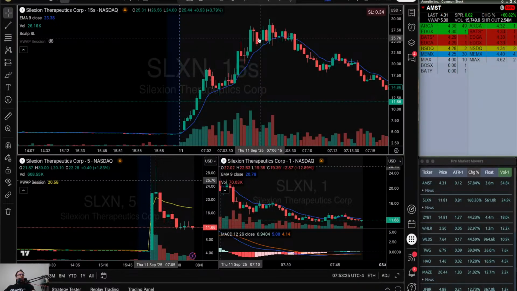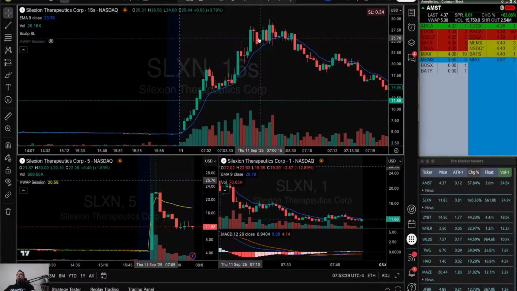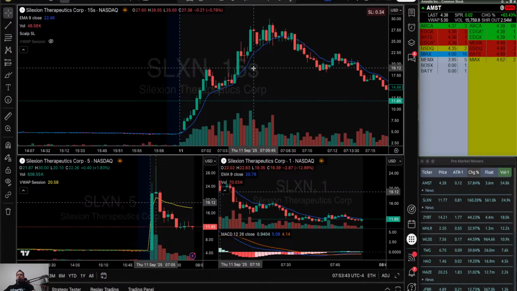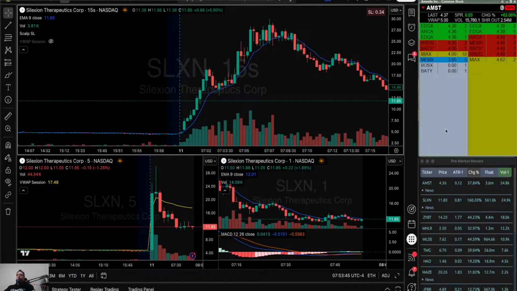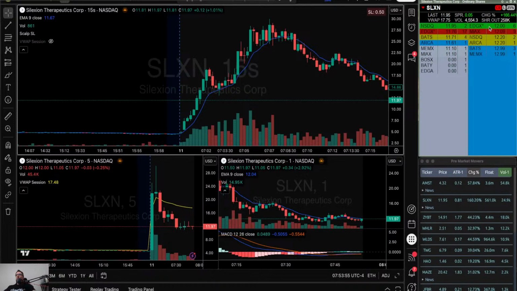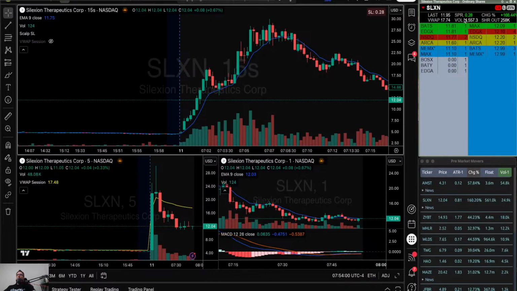Probably about 3, 4, 5 times that. But really, people, when you jump over to the level two and you go SLXN, the very first thing you need to do, before you start looking at the bids and ask and the volume, is look at the spread before you do anything.